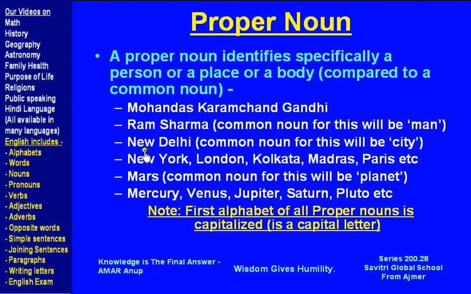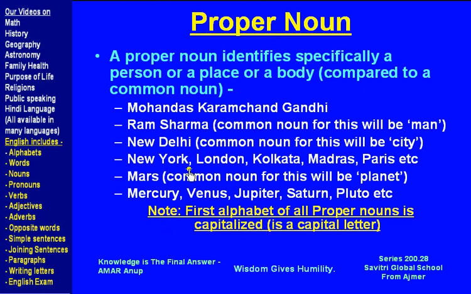Another example, New Delhi. It's a proper noun because it identifies a proper city, and N and D are capital for that reason. Common noun for New Delhi will be city because we can use the word city with any city.